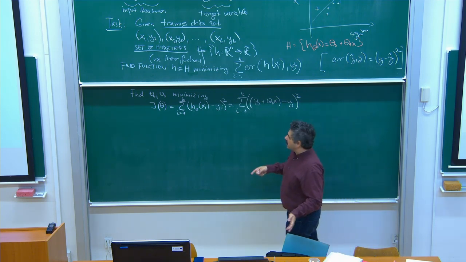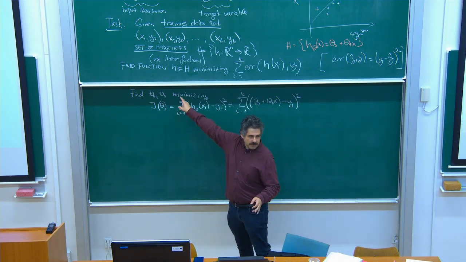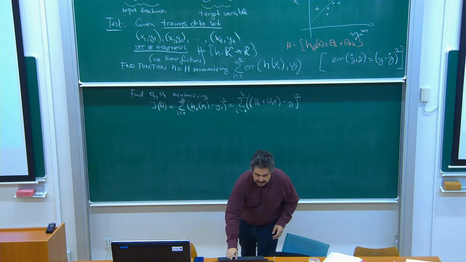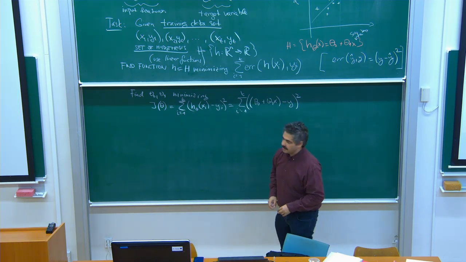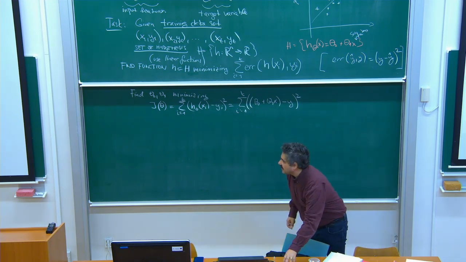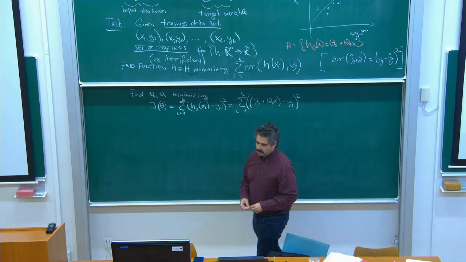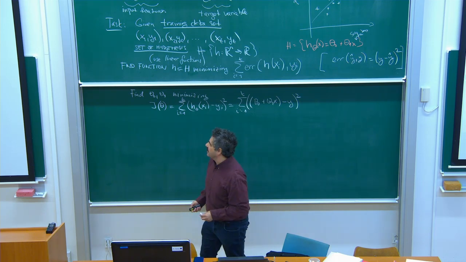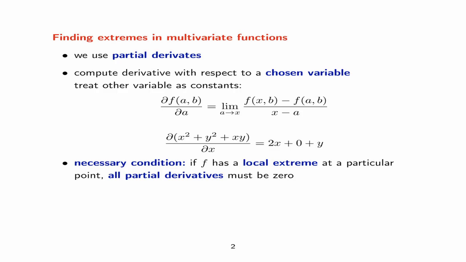It is a little bit more complicated for functions with multiple variables, but it's actually very similar. We are trying to find extreme values of multivariate functions. How you do it is very similar to the one-variable case, but instead of regular derivatives, you need to use something called partial derivatives.